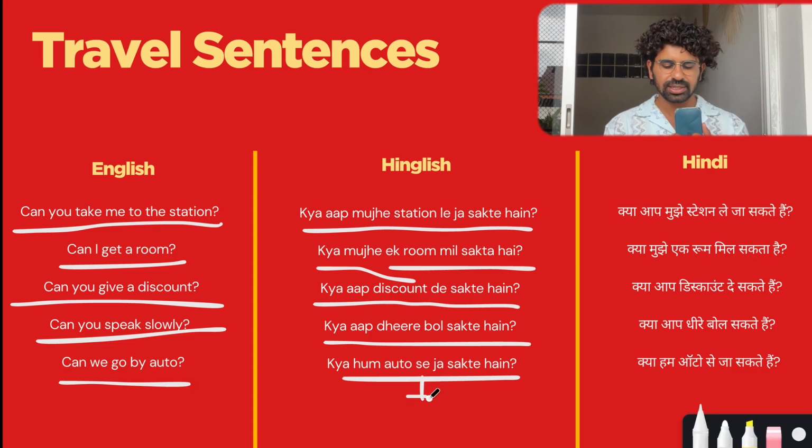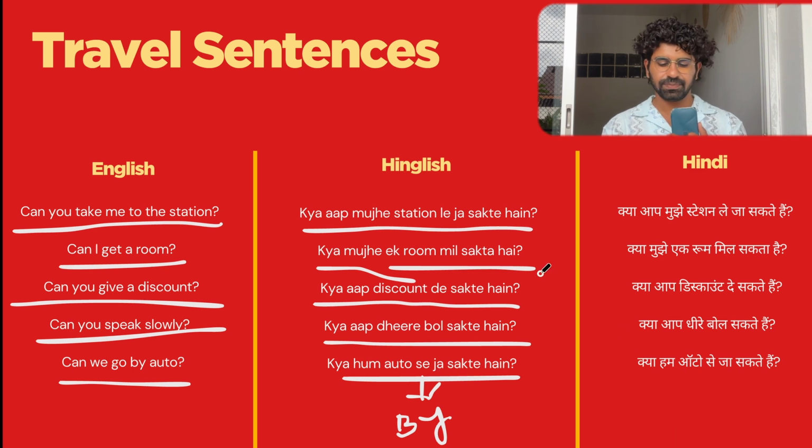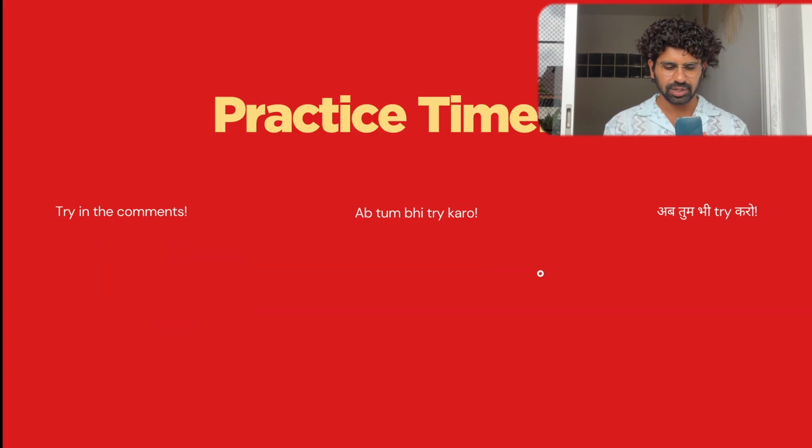Of course, से in this case is by, जा is to go, and then सकते, of course, can. So these were some of the travel sentences that you would need when traveling in India that consist of can.